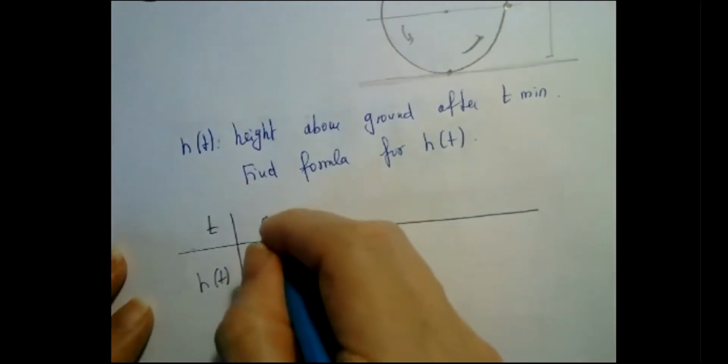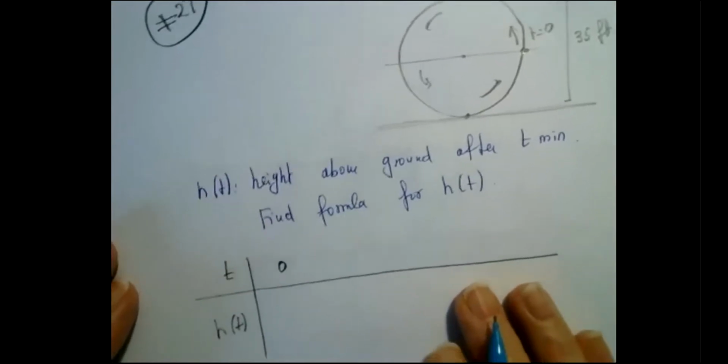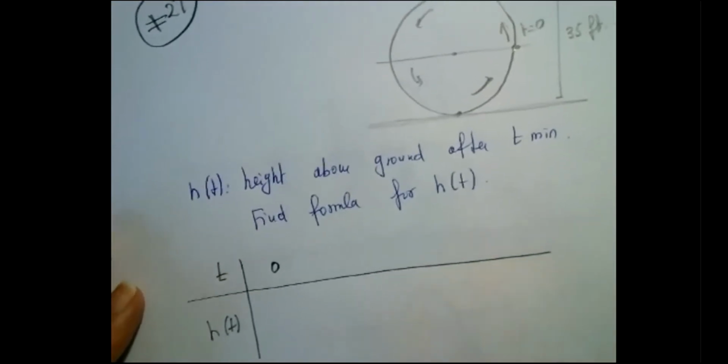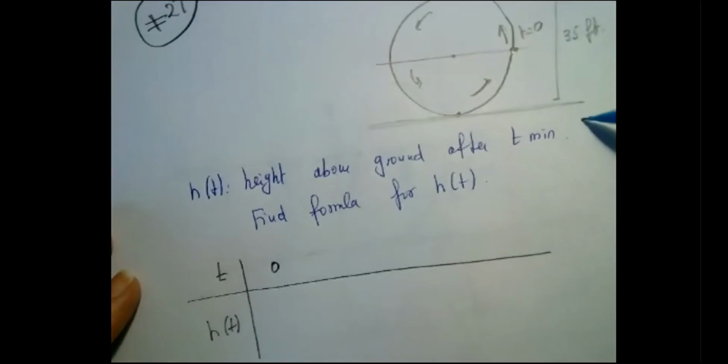So the time is t equal to 0. What is the height? Now I want you to answer quickly. Is it 35? It's starting at the 3 o'clock position. The diameter is 35.